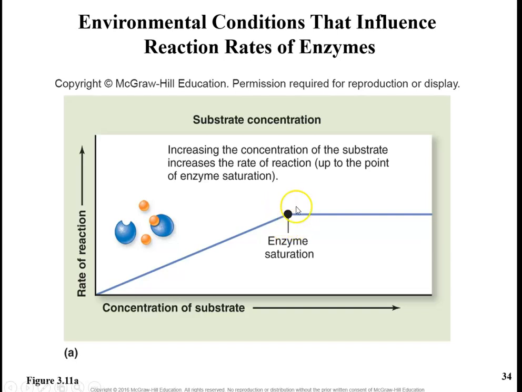And this point is enzyme saturation. After this point, if you increase the concentration of a substrate, there's no change in the rate of reaction. And that's because all enzyme molecules are already occupied working on other substrate molecules. So when you put in the additional substrate, it doesn't have an effect.